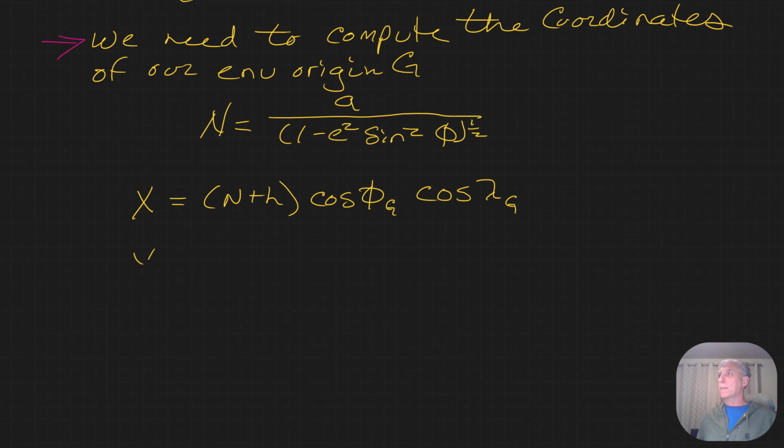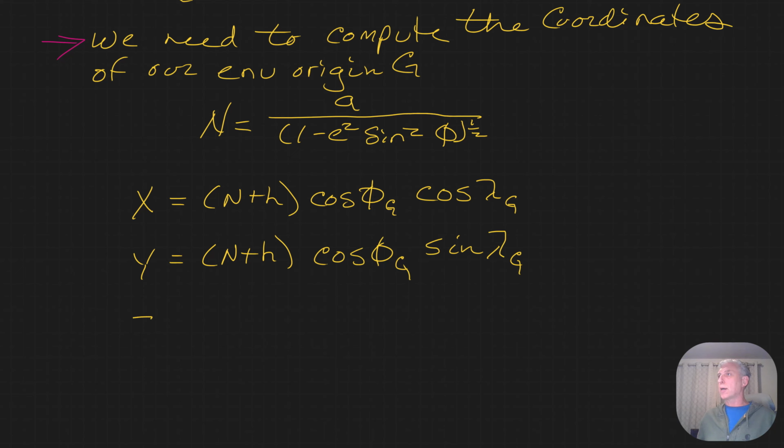And then y equals n plus h times the cosine of our geodetic latitude of our origin times the sine of the longitude of our origin, right?